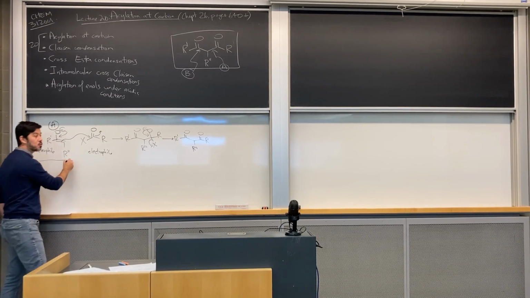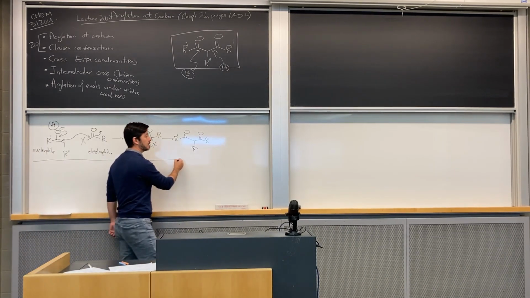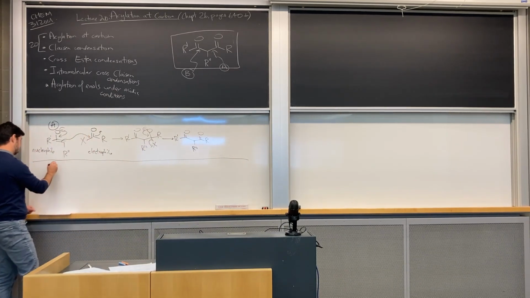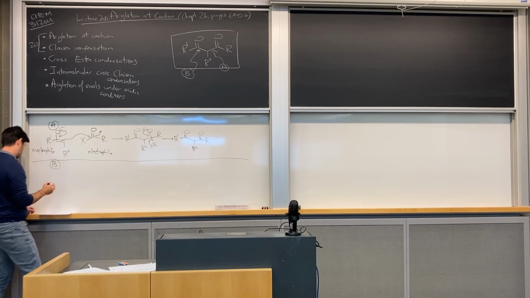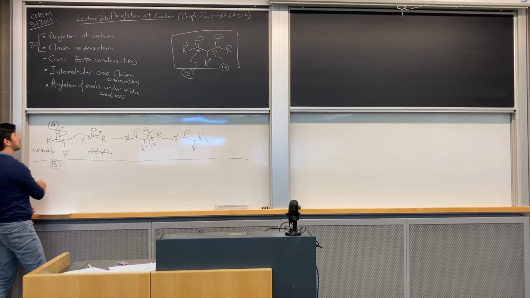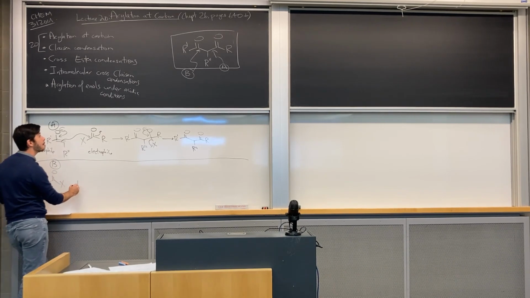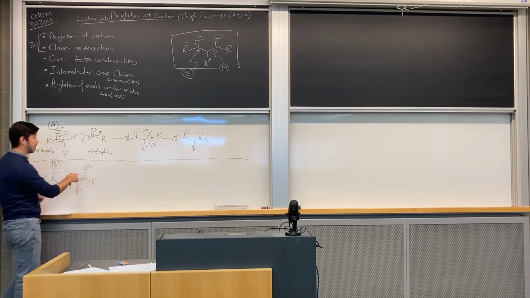Let's take a look at route B. Route B will be similar, but we're going to use the other half of the molecule. So your electrophile will actually be on the left, and your enolate will be as shown there.